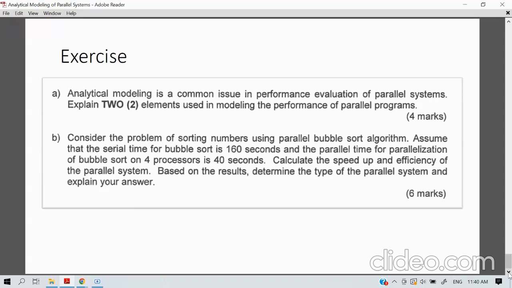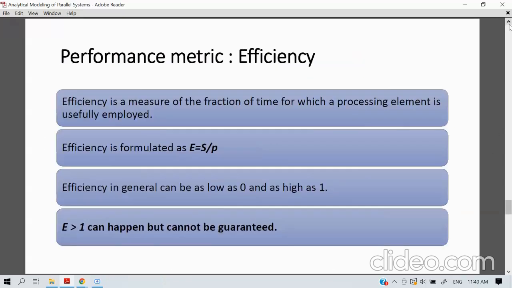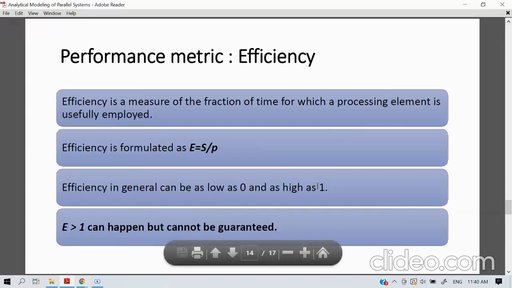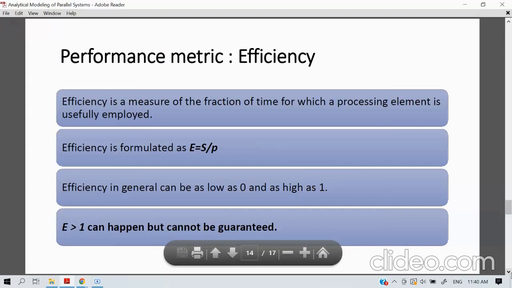So, we know the efficiency value ranges between 0 and 1. So it is high, 1 is the maximum. So the efficiency is good.